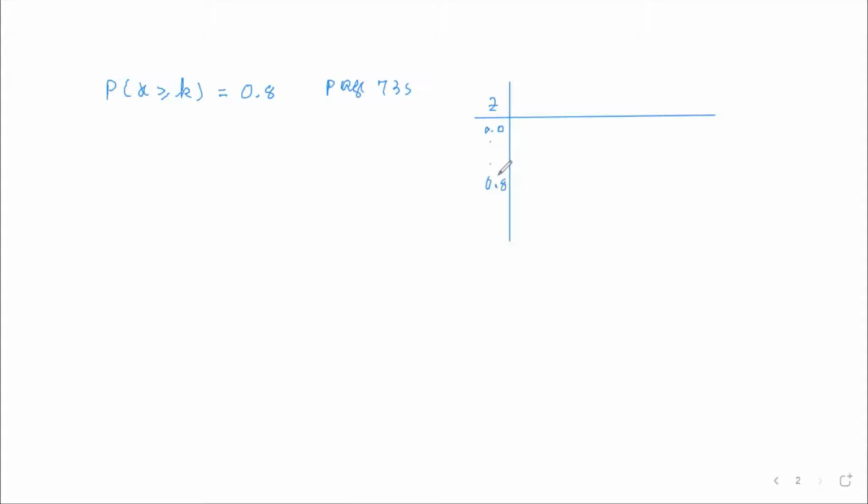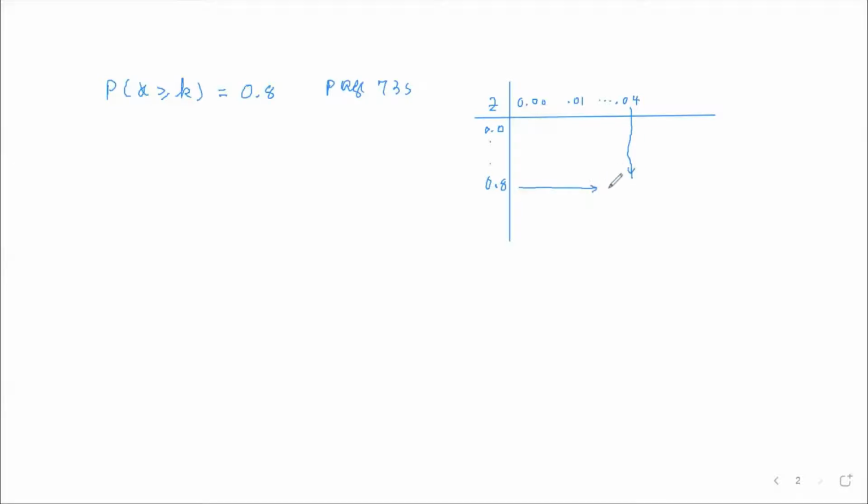See the area between. This one 0.00, or this one 0.01, and next you read up to 0.04, or 0.04. From this one you read down, where they meet 0.8, you will get the answer.